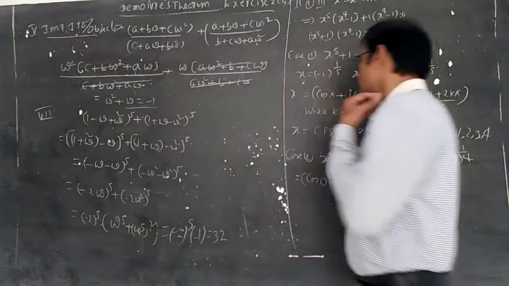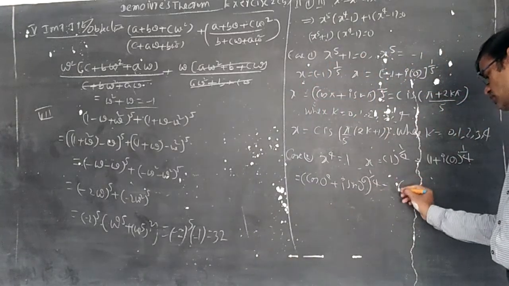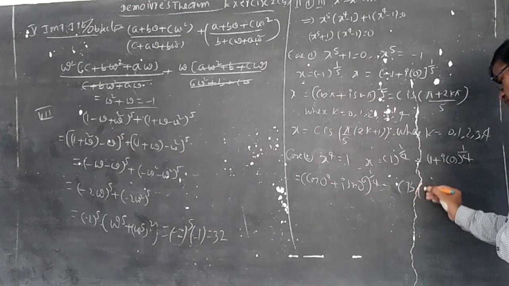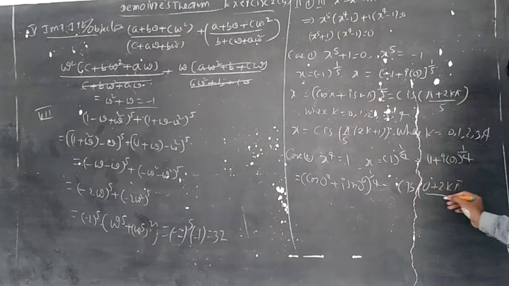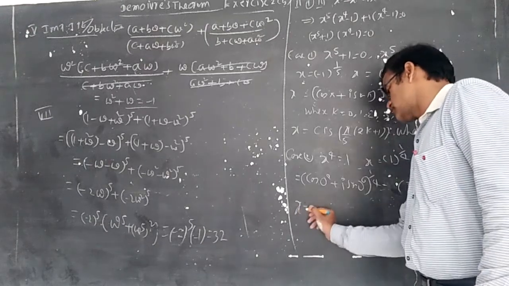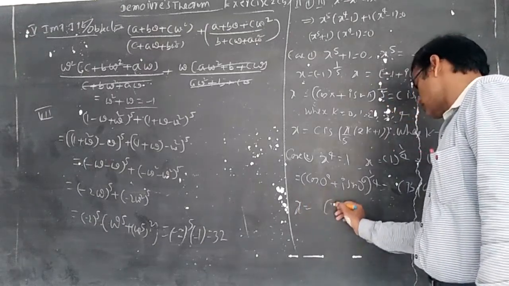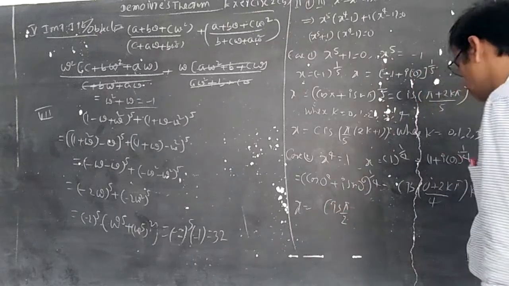So this is the form cos theta plus i sin theta whole power 1 by n, which is nothing but cis of theta plus 2k pi by n. Of course, this is 0 plus 2k pi by 4, cis of 0 plus 2k pi by 4, where k is equal to 0, 1, 2, 3.